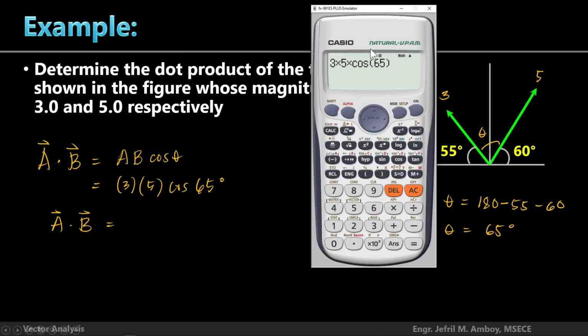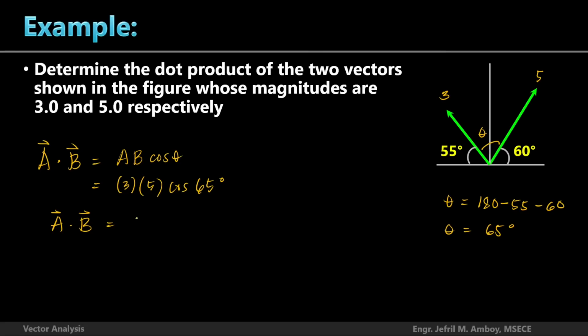Make sure that you are in degree mode, because if it is in radian mode, you will get a wrong answer. So we now get the answer. I will round my answer to 2 decimal places. I have 6.34. So the dot product is 6.34. That's it. It's that easy to get a dot product. Isn't it easy? Very easy. Okay, now let's have another example.